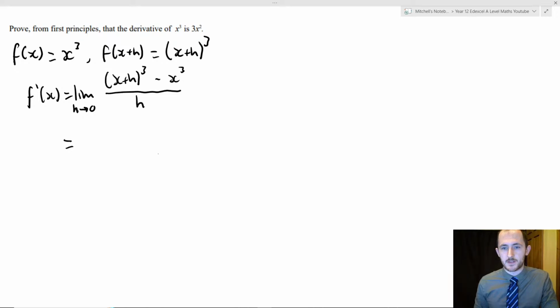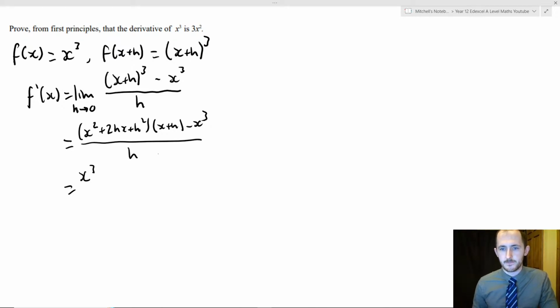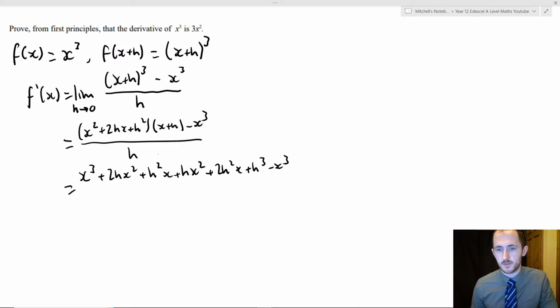So if we expand the first two brackets, we're going to have x squared plus 2hx plus h squared, and that's still going to be multiplied by x plus h minus x cubed. So now we have x cubed plus 2hx squared plus h squared x plus hx squared plus 2h squared x plus h cubed minus x cubed over h.